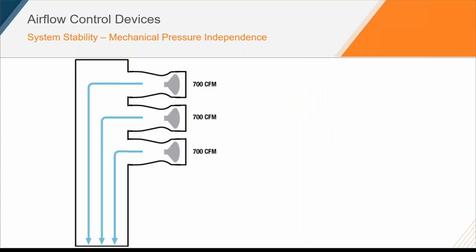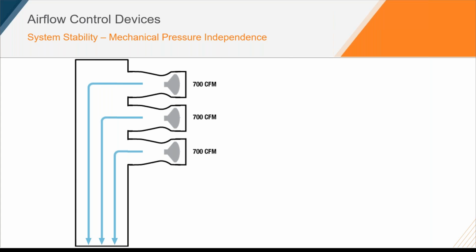On the opposite end though, we have the mechanical pressure independent valve. Here again, same example, we have 3 mechanical pressure independent venturi valves, all operating at 700 CFM. If that middle valve suddenly starts to operate at reduced flow, let's say 200 CFM, again, we would expect the pressure to increase because the fan has less potential area to pull flow through.